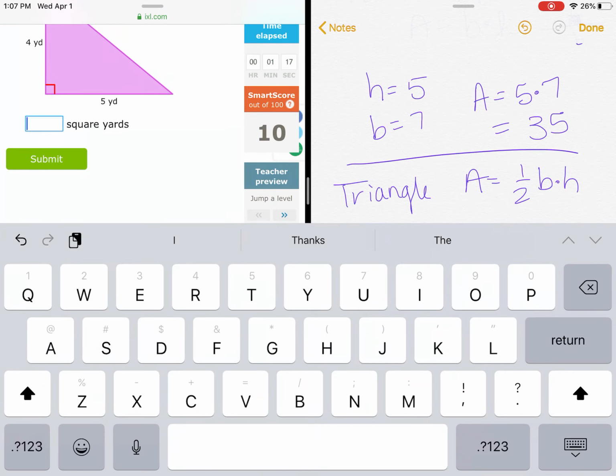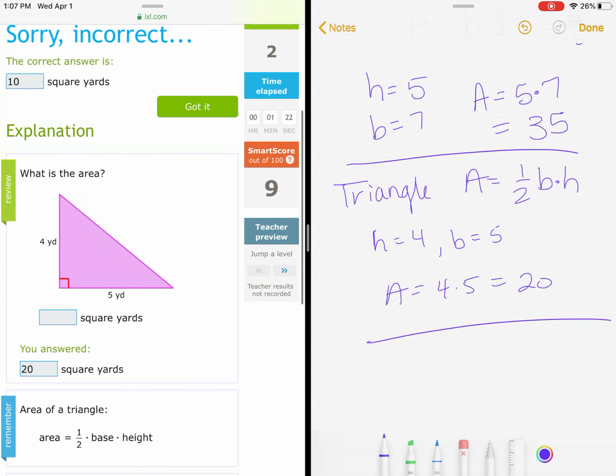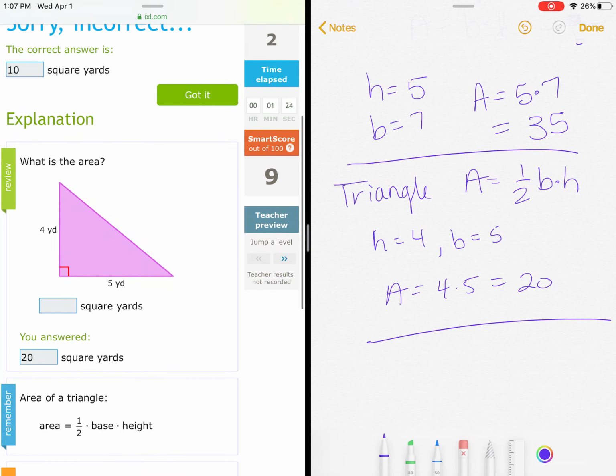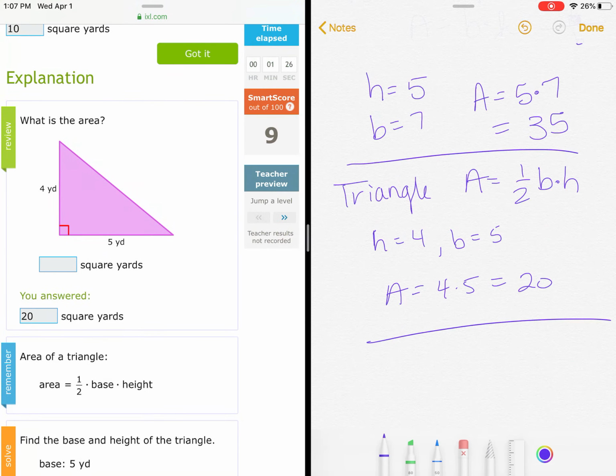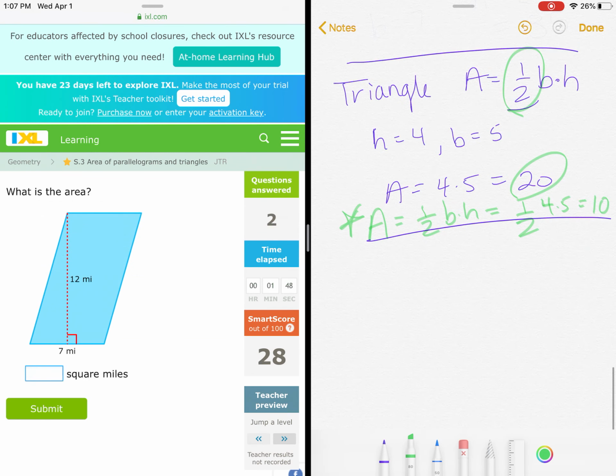Okay. Oh, I didn't half it. Okay, yep. So look, notice I didn't do the 1/2. So I should have done area equals 1/2 base times height, which is 1/2 of 4 times 5, which is 10. Okay, sorry about that. Common mistake, please make sure you pay attention. Make sure you don't forget your half.